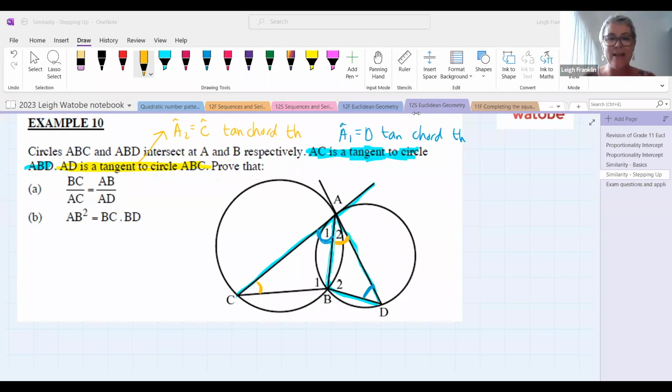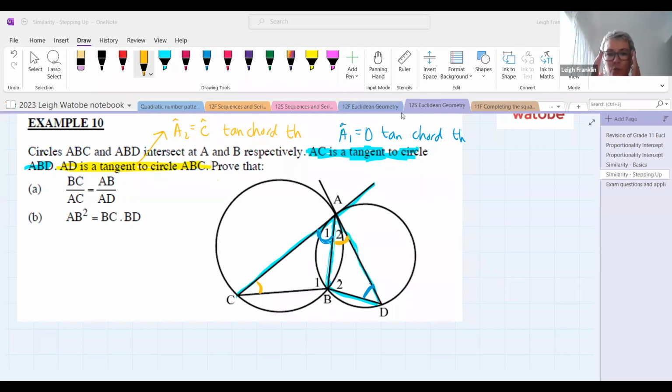That is exactly it. They did not tell us which triangles to work in. Here they've asked us a proportion, but they haven't told us which triangles we need to prove are similar first. That's why this sort of question is a little bit more difficult, because we first have to figure out which two triangles we are working in.